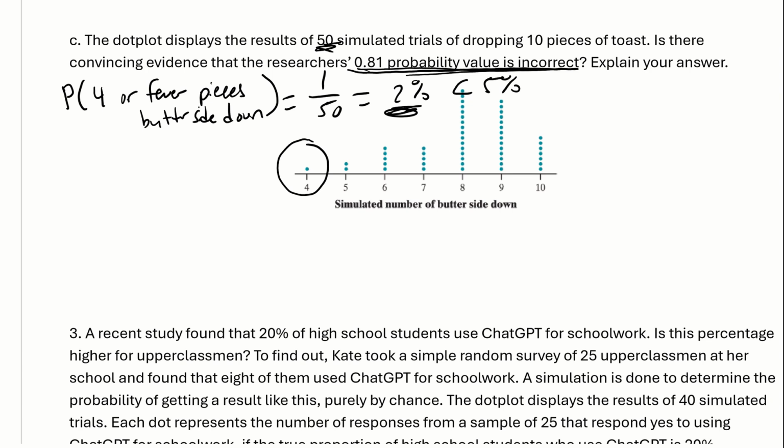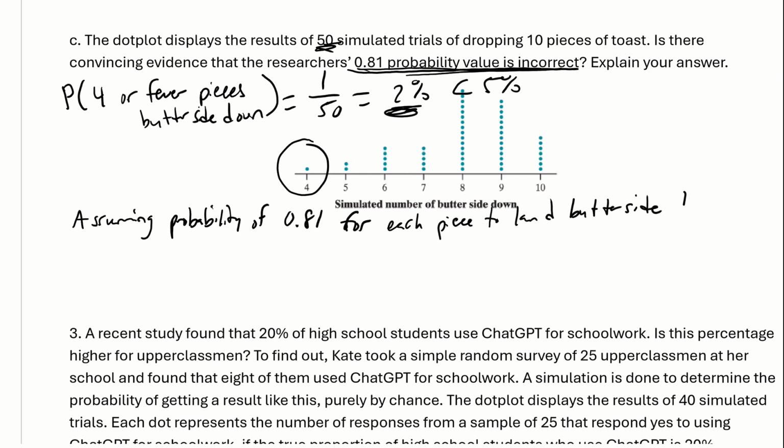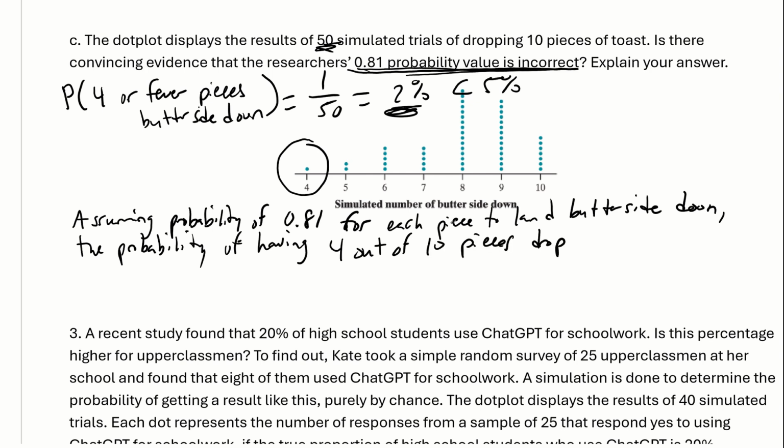Okay. All right, so let's see. So assuming the probability of 0.81 for each piece to land butter side down, the probability of having 4 out of 10 pieces drop butter side down is 2%, which is less than 5%, which is very unlikely.